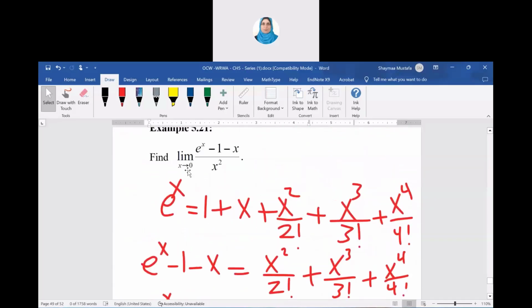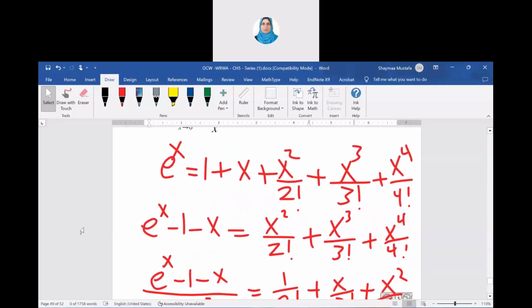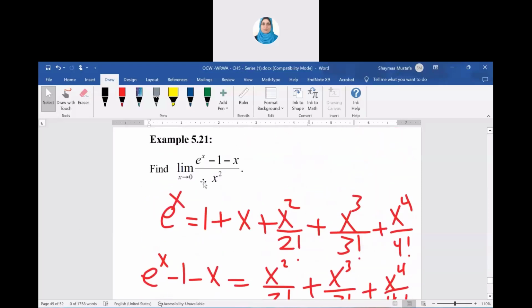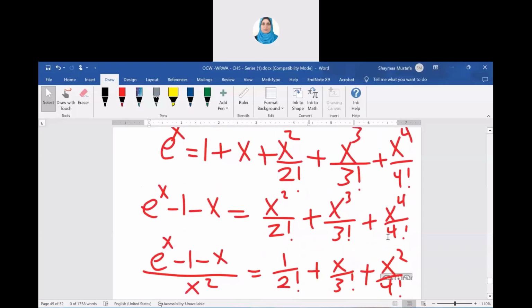I started from the Maclaurin series of e to the x. Then from the Maclaurin series, e to the x minus 1 minus x: these two terms I transfer to the right side. So e to the x minus 1 minus x equals x squared over 2 factorial, x cubed over 3 factorial, x to the power 4 over 4 factorial. Then we divide both sides by x squared.